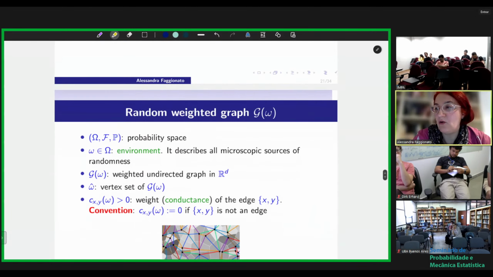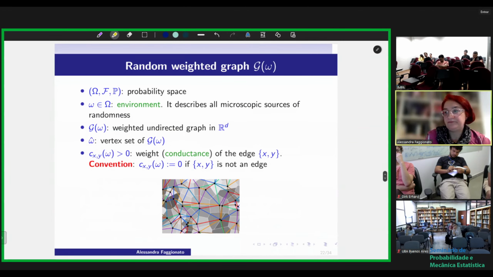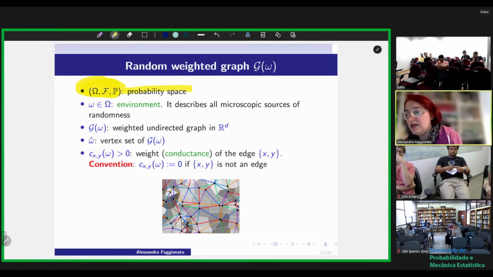Okay, so now my starting point is the following. I have a random weighted graph. So again, all our tales start with the probability space. So I have a probability space (omega, F, P). And now I call the elements of this probability space environments, because they describe in the application the medium, the disordered medium, where transport takes place.